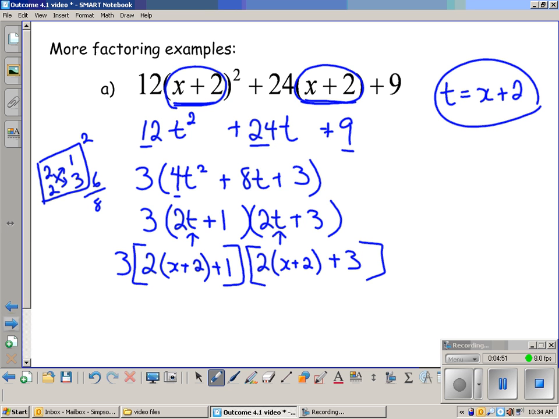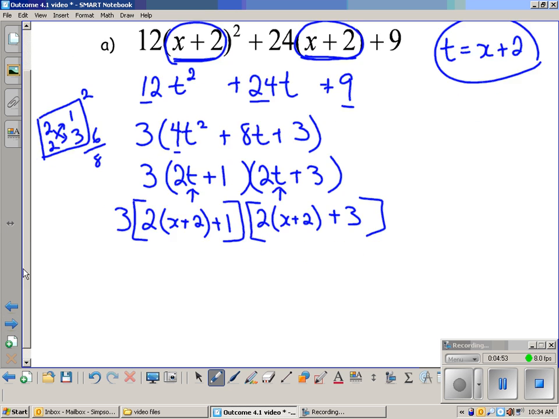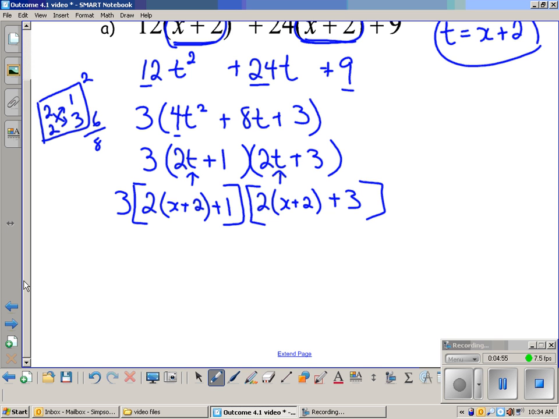Can now do some simplifying. 3 times, I need to distribute this 2 into both of those terms. So 2 times x is 2x. 2 times 2 is plus 4. And then I have plus 1 on the end. The second set of brackets, 2 times x is 2x. 2 times 2 is plus 4.